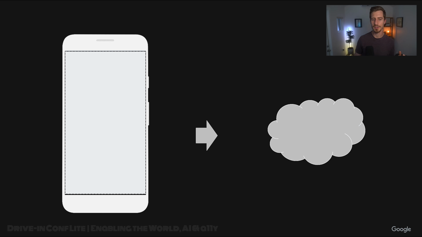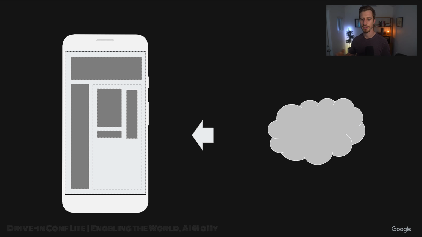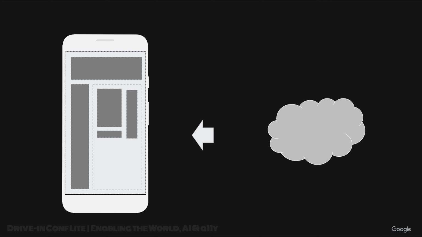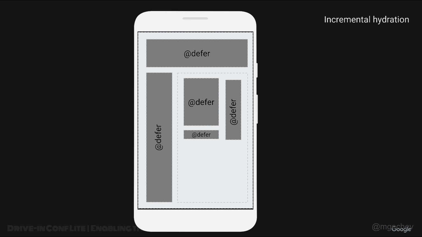So when we send the request from the client to the server and we get the rendered page, here we can have different deferred views, or different incrementally hydratable regions on the page, that have been specified with this defer block.